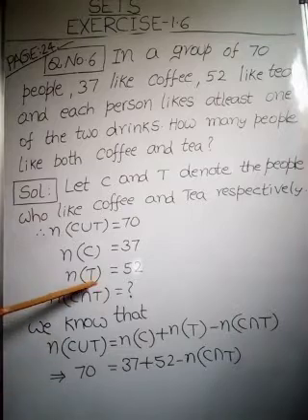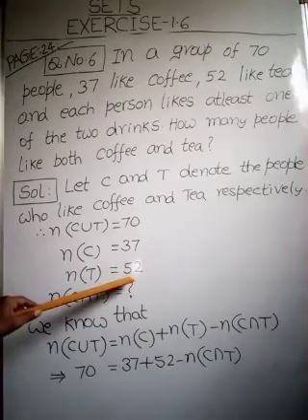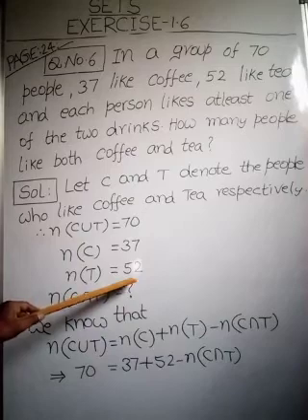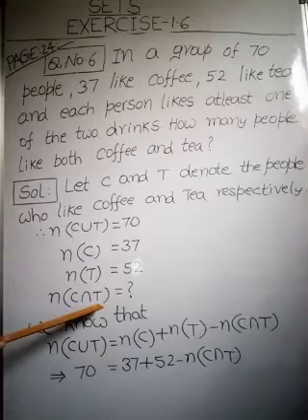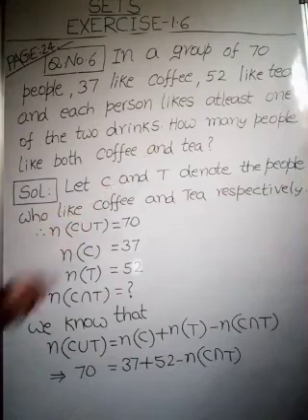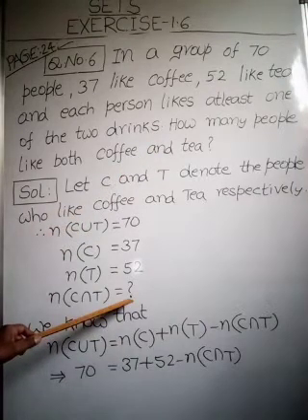So N of T denotes the number of people who like tea. 52 people like tea. So I wrote this sentence. Understood this step, my dear children? Right. Now we have to find N of C intersection T, meaning how many people like both coffee and tea. We have to find its value. Understood this step, my dear children?